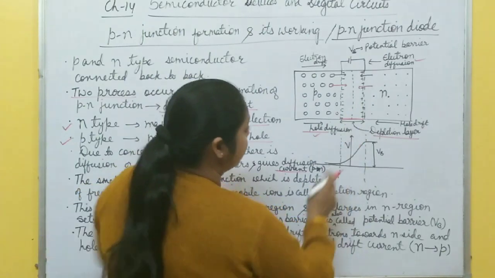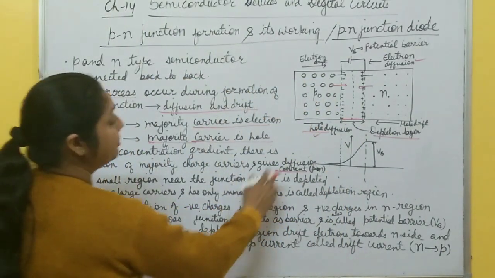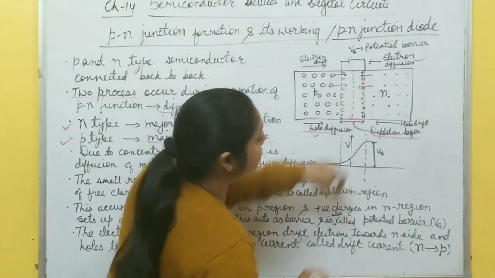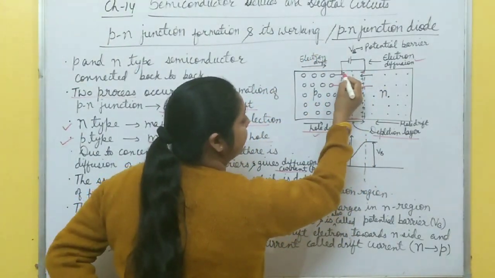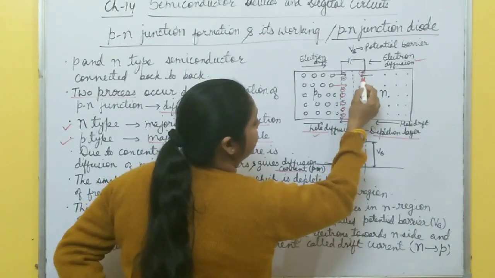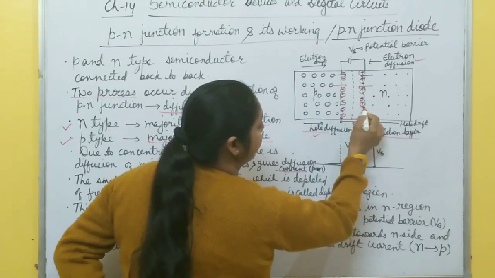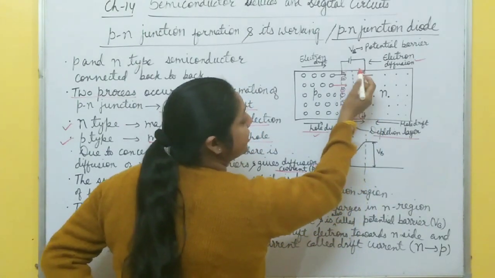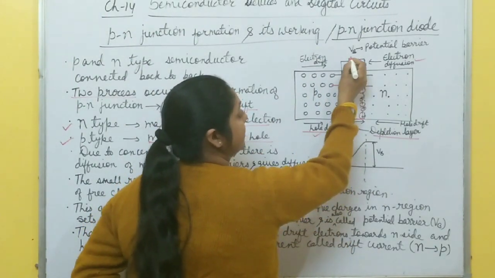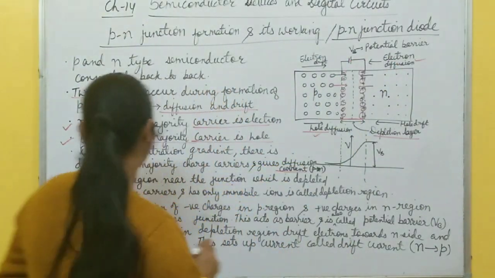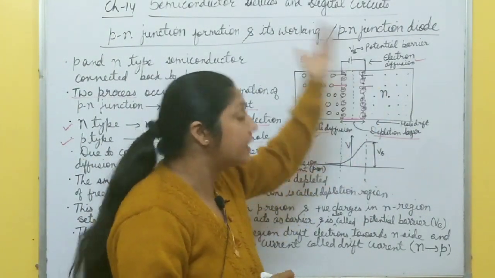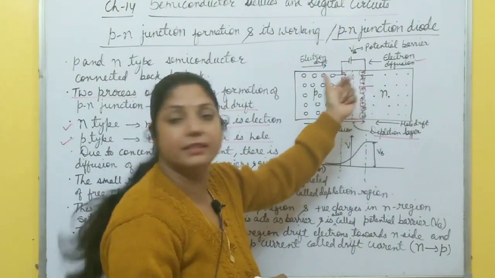Now, due to the accumulation of negative charge near the p side and positive charge near the n side, a potential difference is set up across the junction. This potential difference is called the potential barrier. Why is it called a potential barrier? Because it acts as a barrier to further diffusion of majority carriers near the junction.